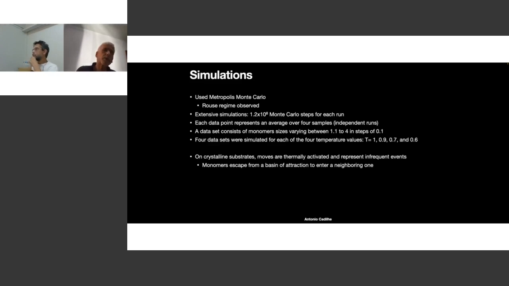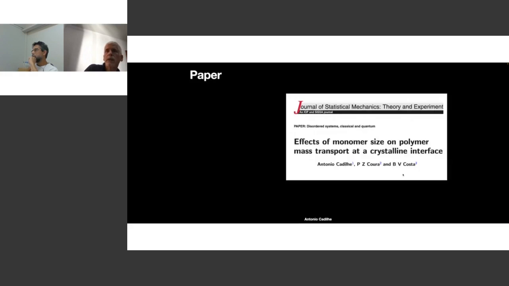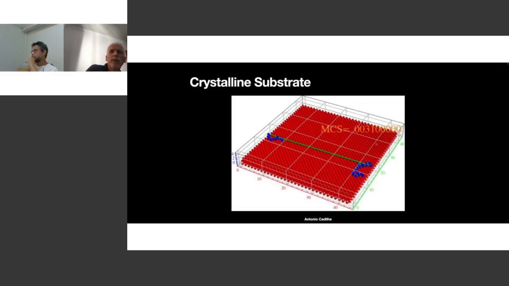And from time to time, it will move to some adjacent basin of attraction and become trapped there, and everything would again repeat itself. Monomers only escape from time to time. So this is the important idea. And this work was already published in the Journal of Statistical Mechanics some time ago, in 2017.